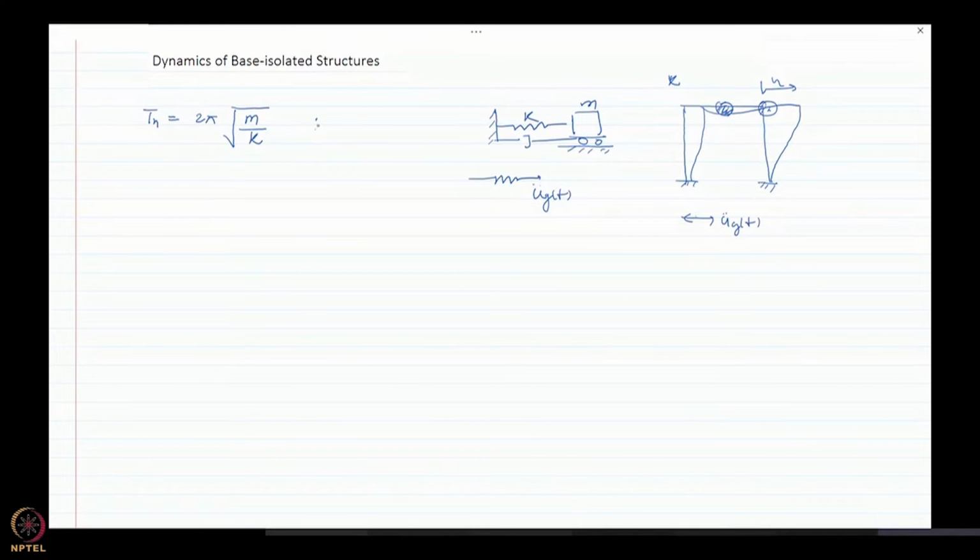Now we said that this is the formula we are going to use, but as you might imagine, in reality no base isolated structure would be a single degree of freedom system. So in the end, this is an approximation.